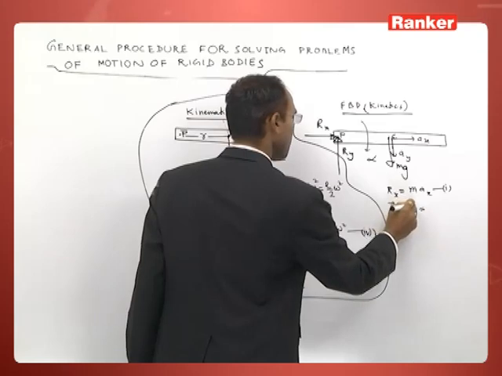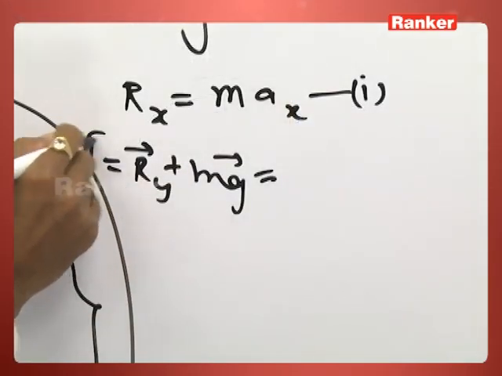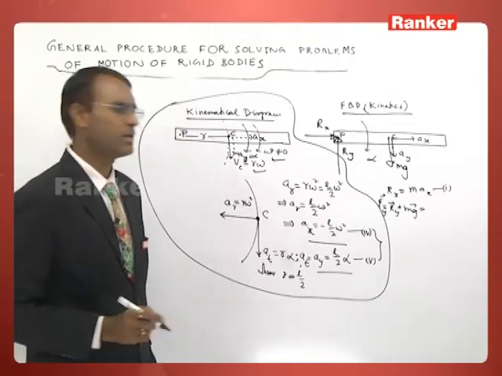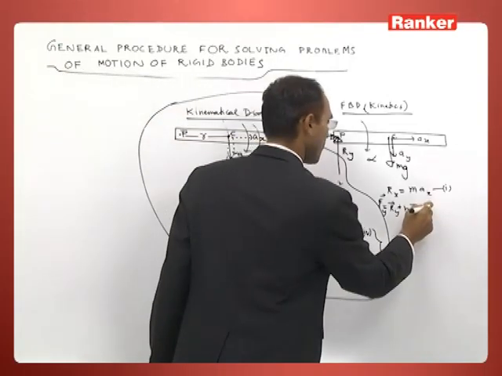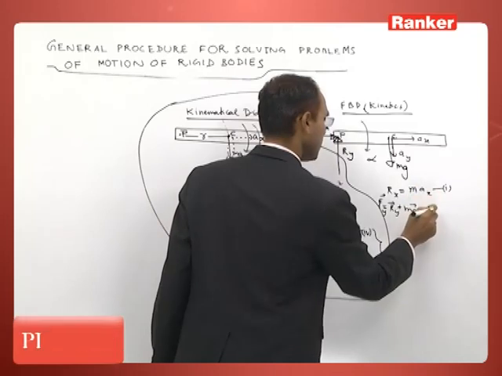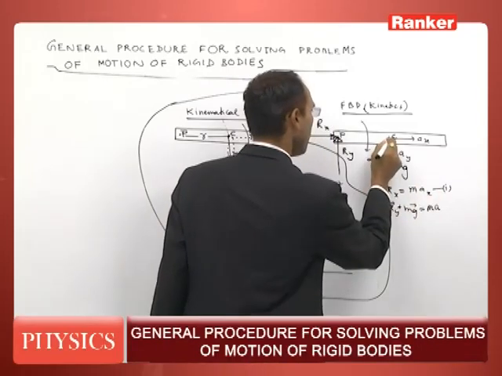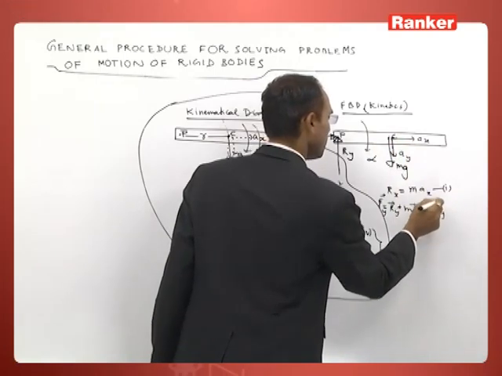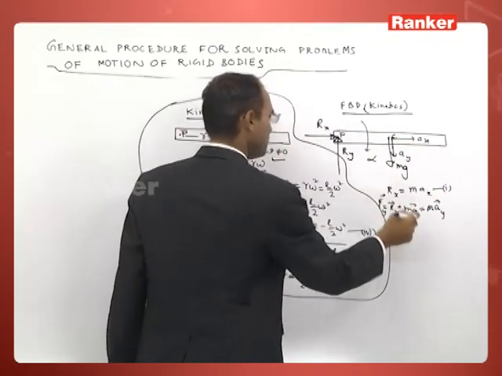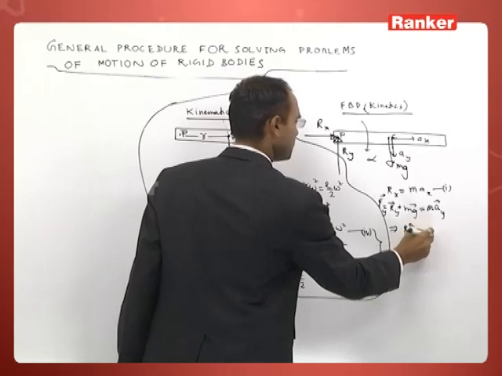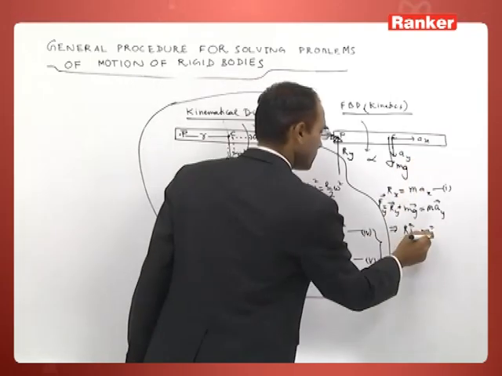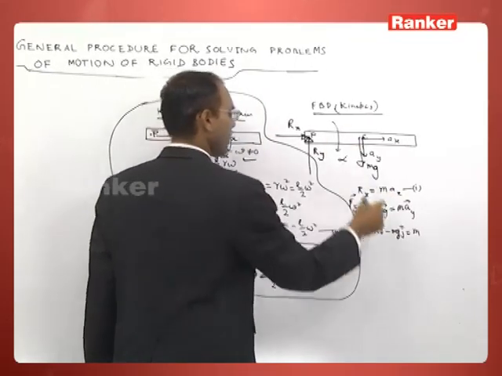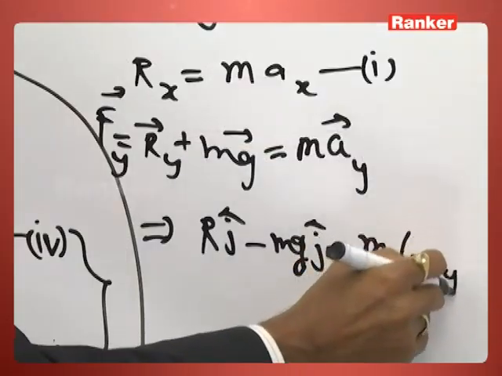Ry vector plus mg vector, this is the net force in vertical direction, and that is equal to mass times acceleration of the center of mass, that is C. Minus mg j cap is equal to m into ay is minus ay j cap.